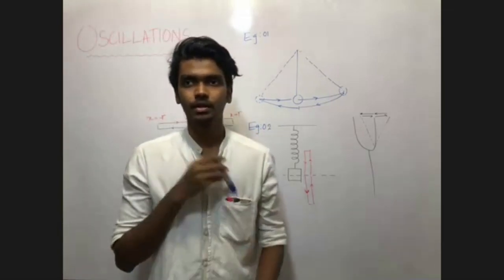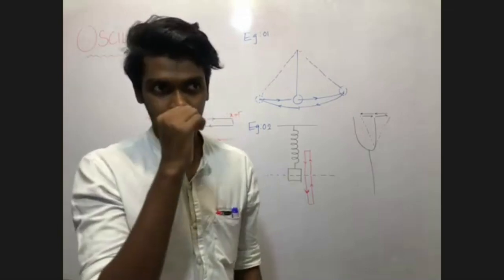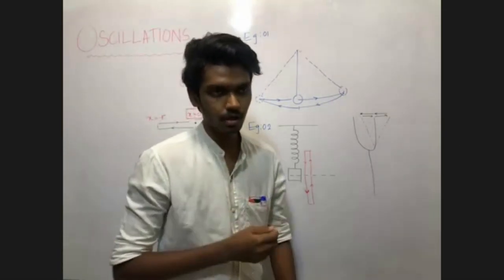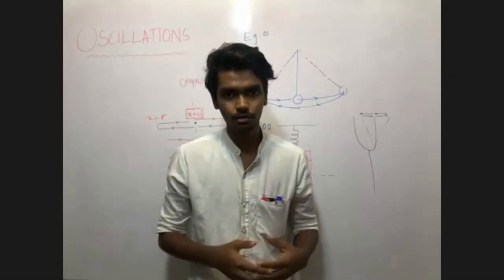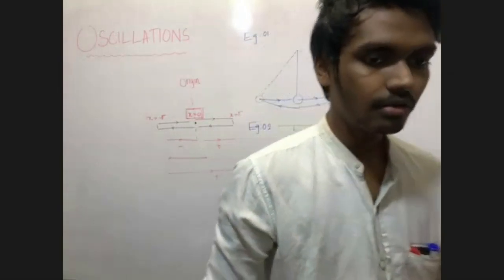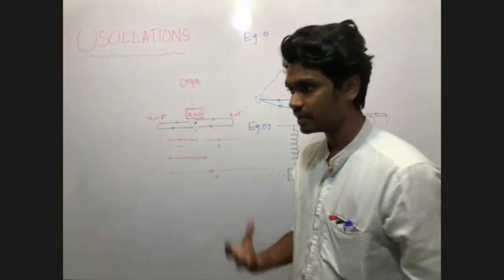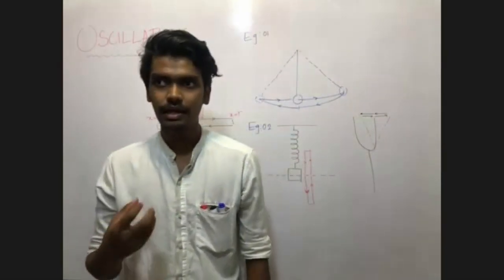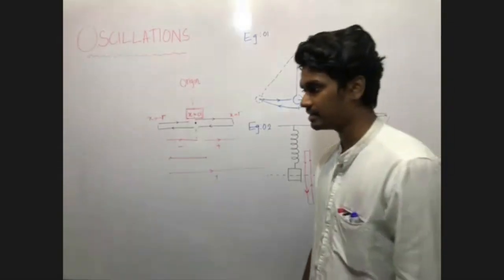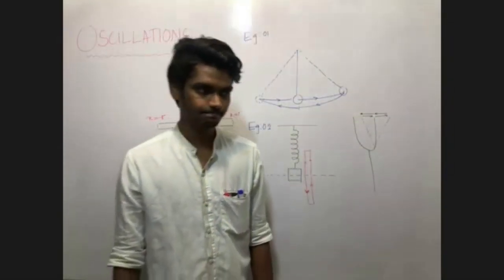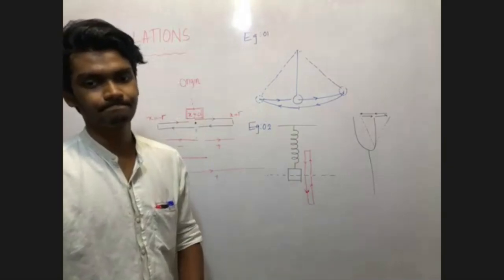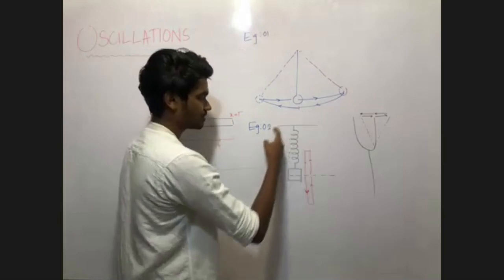The resulting motion of a helical spring when it is dragged down and released. Yes, you can draw. It's a simple harmonic motion.